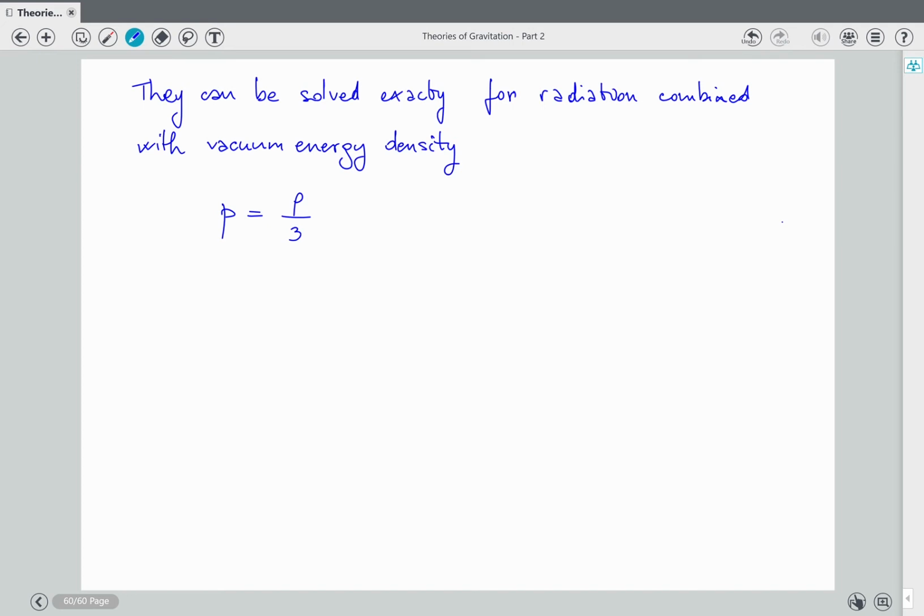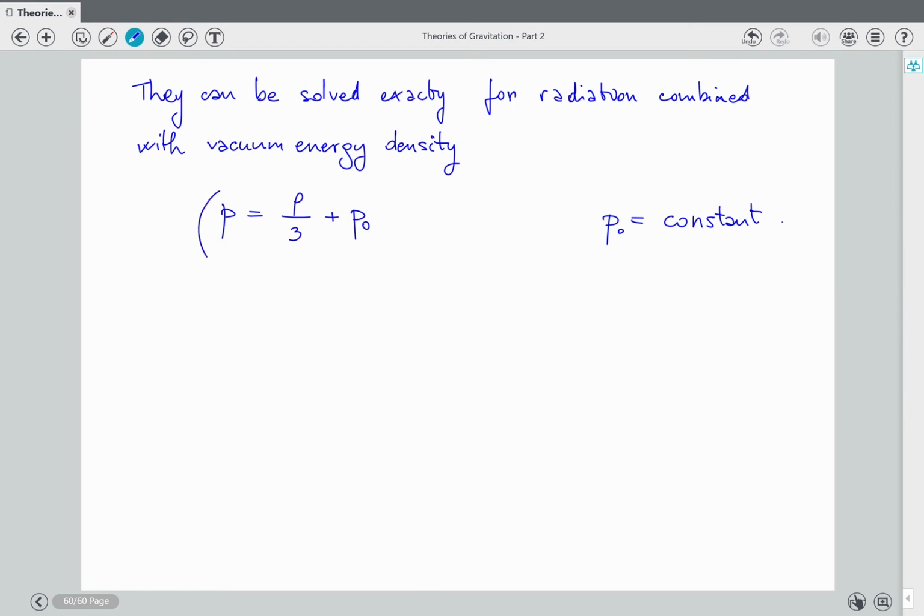The equation of state of the vacuum energy density is constant. And the equation of the combination is the sum of the two.